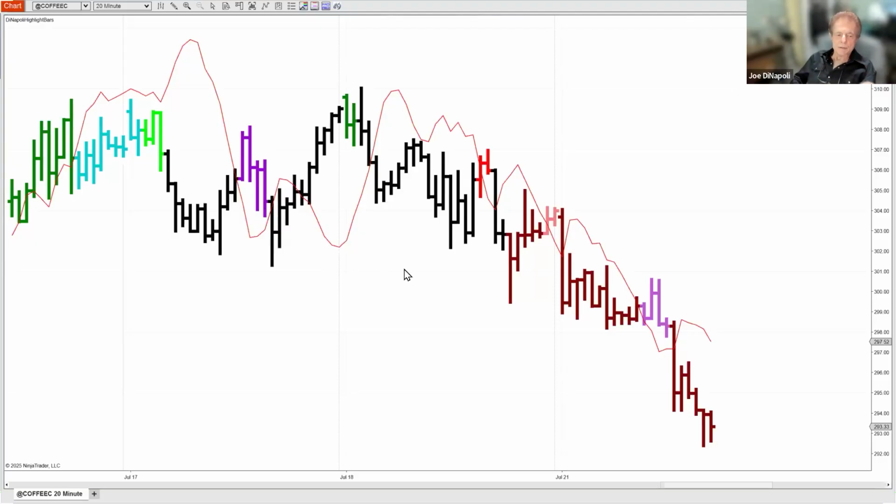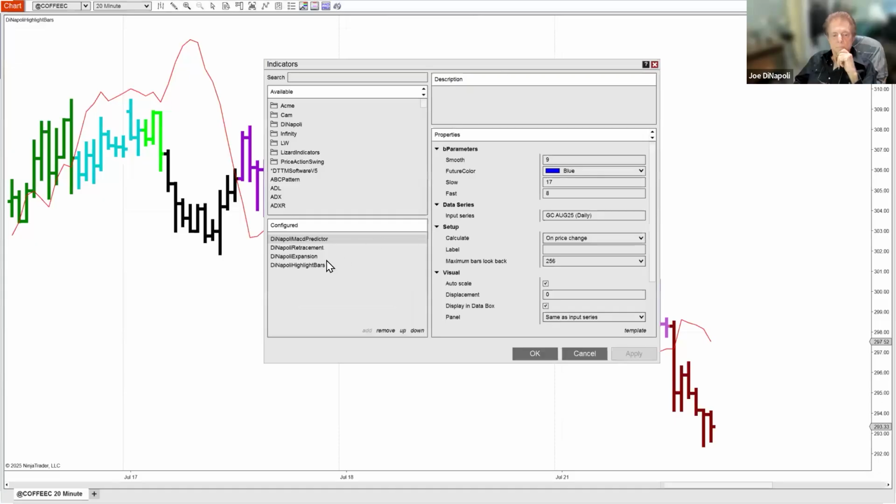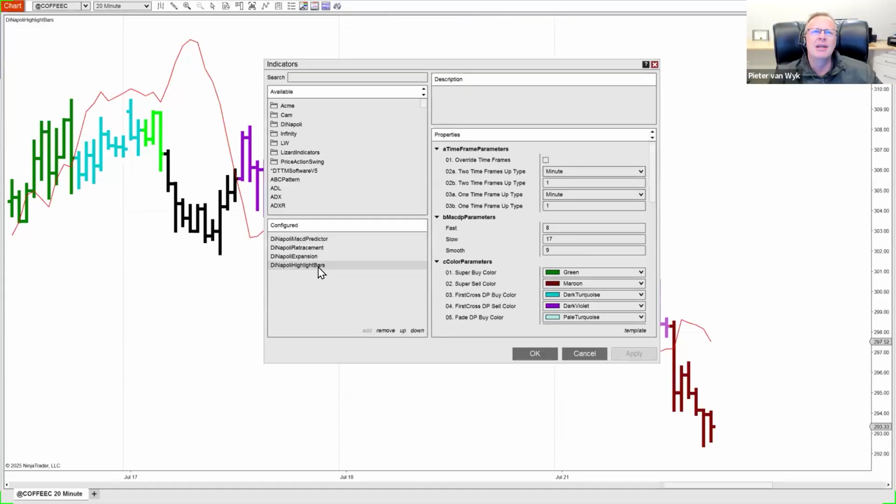Peter, these colors, they're explained somewhere? When somebody gets the program, they're going to know what colors mean what. Yeah, that's right. I wanted to show the settings quickly. When you add them, it looks like this. It's called DiNapoli Highlight Bars. We use default time frames, so it's built on the default time frame. If you have a 20-minute chart open, it will look at the 20, the 60, and the daily.